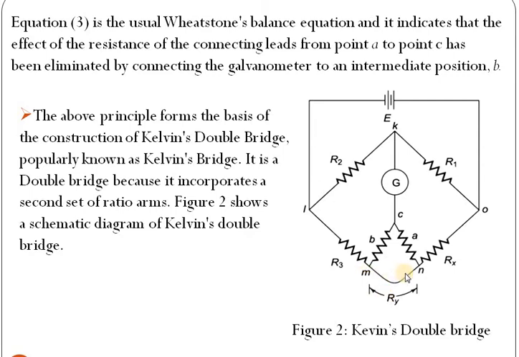So we consider A plus B, and this A plus B is in parallel with Ry. We make this terminal open, and R3 is in series with B. This forms the parallel combination of A plus B and Ry, and this is Rx. So finally we get R3 plus the parallel combination, which is (A plus B) into Ry divided by (A plus B plus Ry), plus Rx.